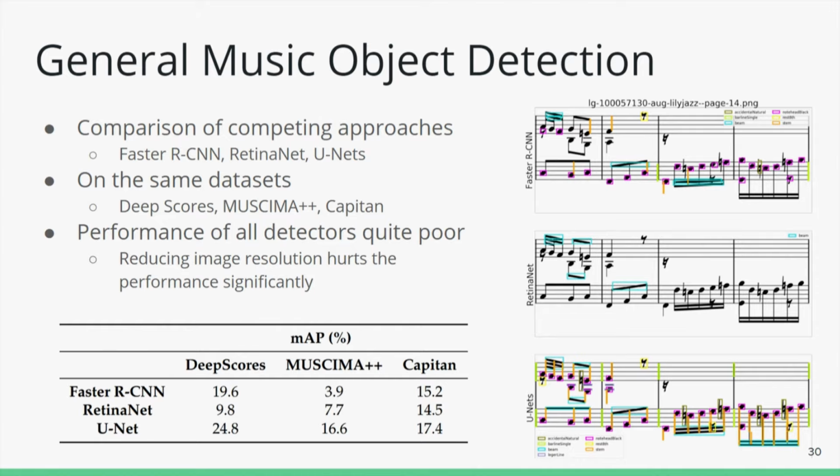The U-Net approach was proposed by Jan Hajic. And we took 3 different data sets and ran exactly the same training, detection and evaluation of these 3 detectors on those 3 data sets. And it turned out that they didn't perform too well. Damn. Well, that wasn't too good.